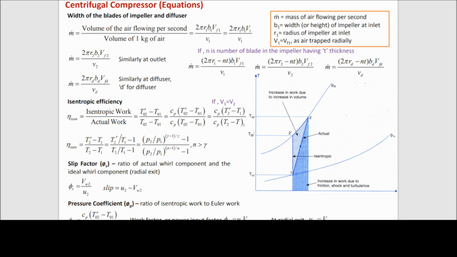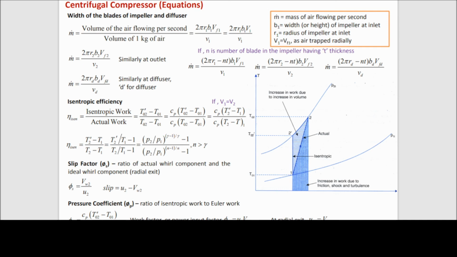Let's say I will go to the slide. So 2 pi r1, that is the circumference, into b1 width, that is the area, and the flow velocity, whatever velocity is flowing. There may be another blade also in this way. The flow will be through this one, and this is the width, and this was the total area into the flow velocity, meter square into meter per second, which is volume flow rate.